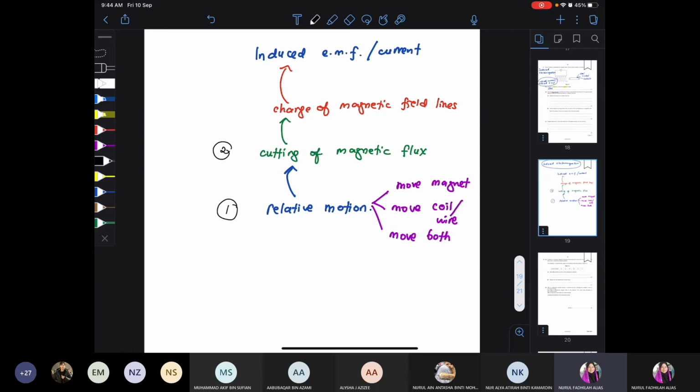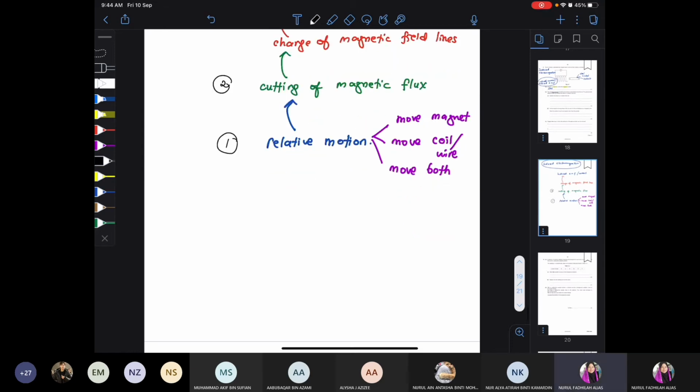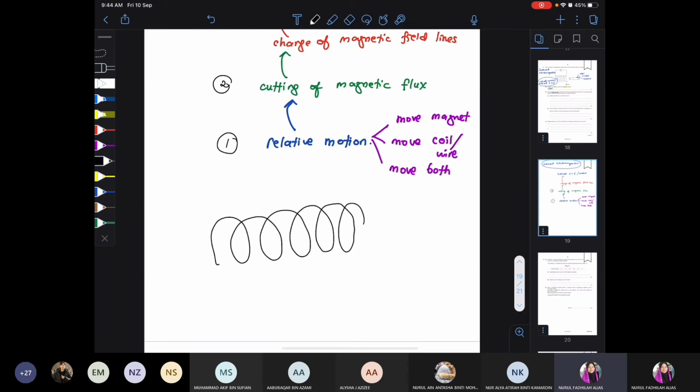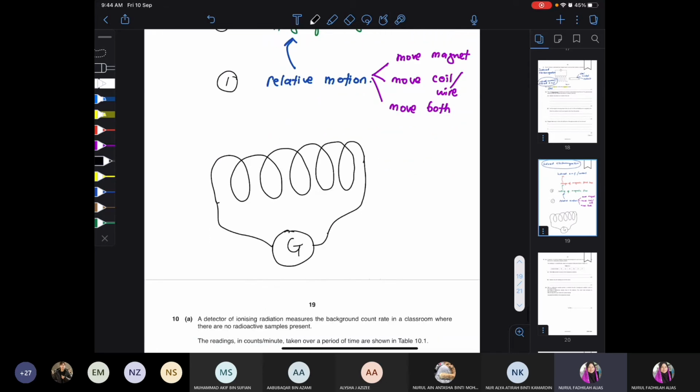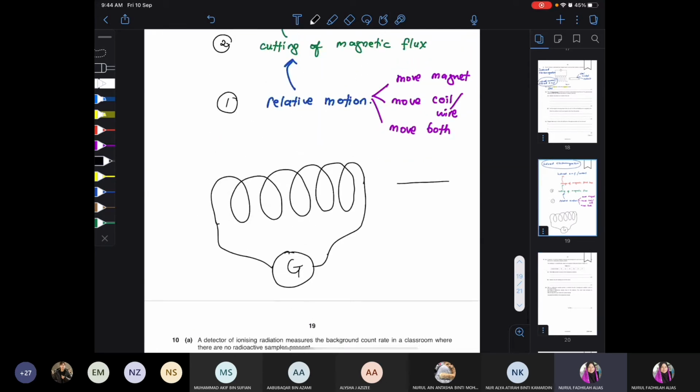Kenapa tu? Jadi kalau tadi kita tengok, this is the conductor. Ada coil. Okay, actually, if there is the coil, nothing happen to the coil. So there is no magnetic field lines. Betul tak? Nothing. It's just a conductor connected to galvanometer. Nothing is induced. However, if we have a permanent magnet, okay, so let's say this is north and south.